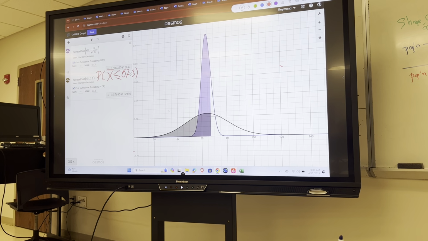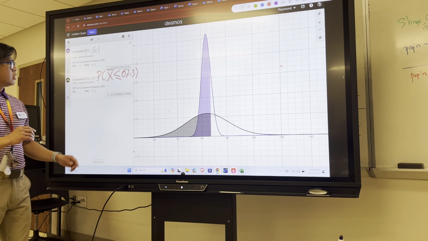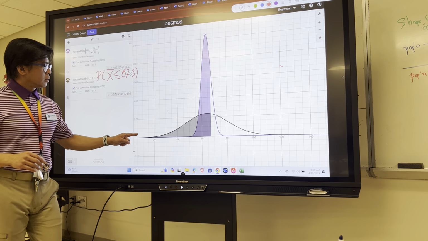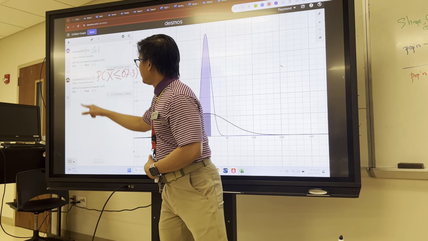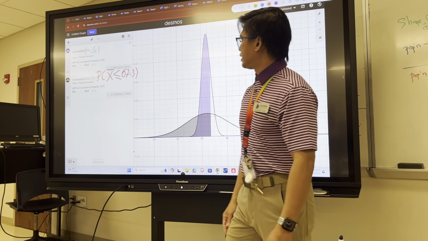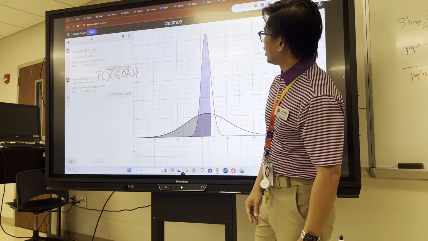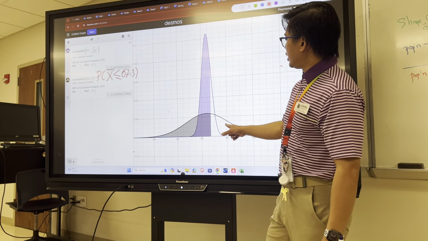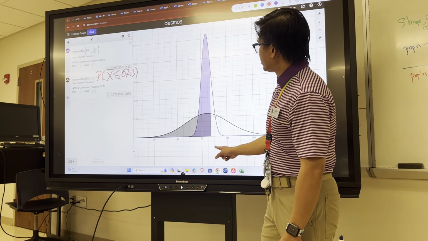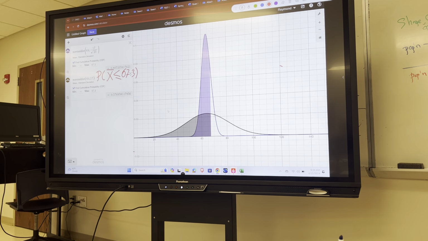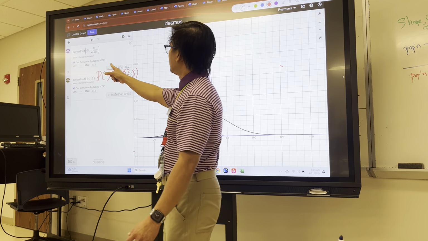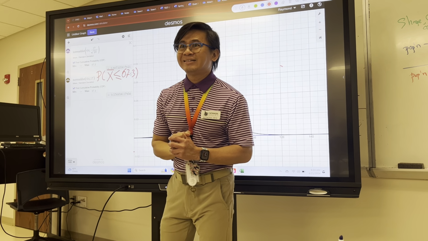As we may notice in here, we are comparing the two. The one in black is for the population, with mean and standard deviation. Now in here, this in purple is for the sample mean. Because in the sample mean, your mean is still the same as the population, but the standard deviation should be divided by the square root of 20.